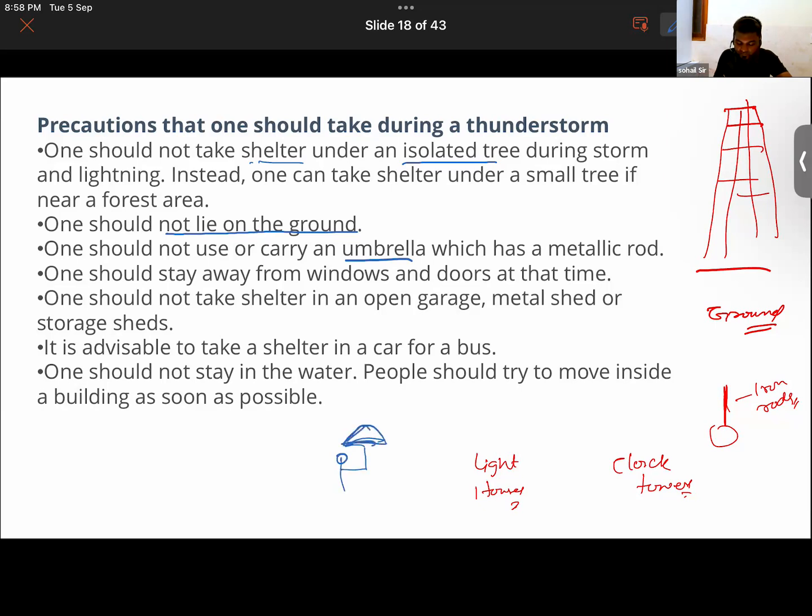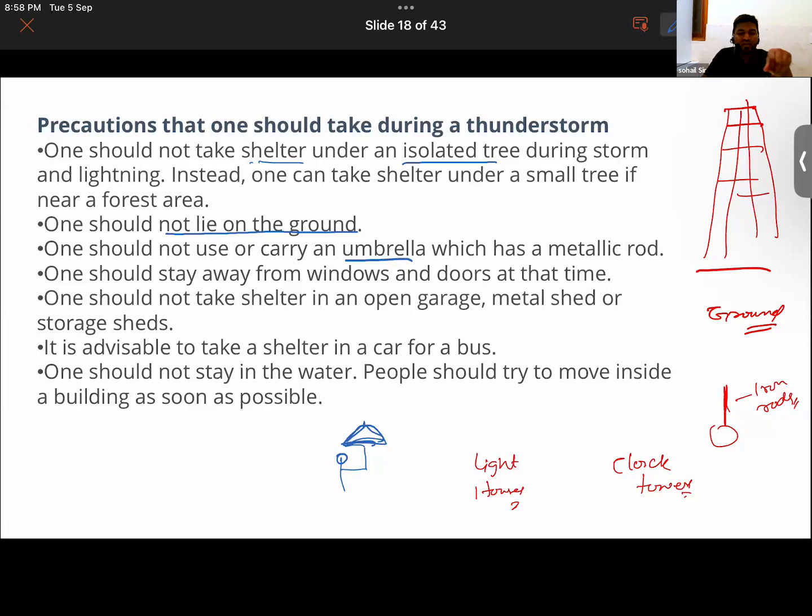Lightning looks for the shortest path to be conducted into the earth, so while holding the umbrella, you will be providing lightning with the shortest path. Getting it now? One should also stay away from windows and doors at that time.